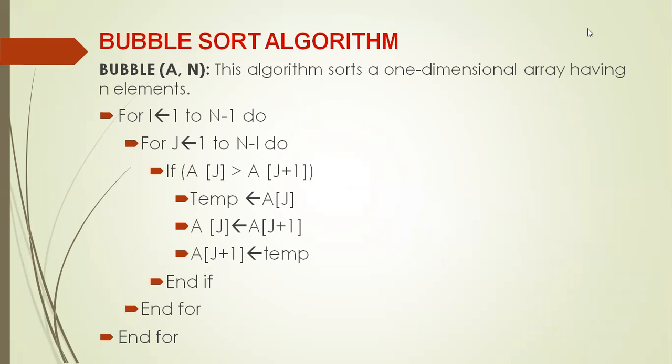So in the first pass, 9 comparisons, in the second pass, 8 comparisons. In the third pass, when I becomes 3, the number of comparisons is n minus 3, that is 7 comparisons. So each time, the number of comparisons keeps decreasing as the pass number increases. If there are 10 numbers, the number of passes will be 9. When all the passes are over, your numbers will be in ascending order.